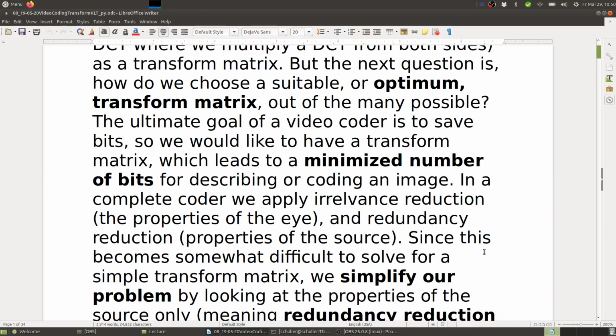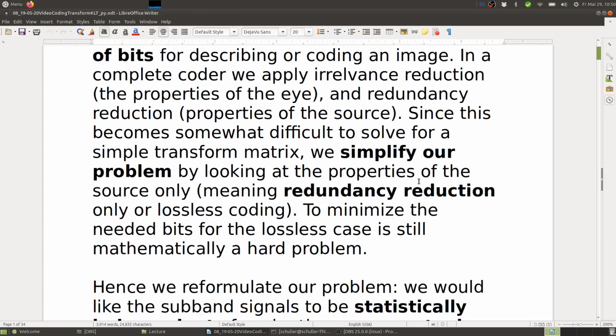Since this becomes somewhat difficult to solve for a simple transform matrix, we simplify our problem by looking at the properties of the source only, meaning the redundancy reduction, or only lossless coding. To minimize the needed bits for the lossless case is still mathematically a hard problem. So basically we have a tough problem to solve.